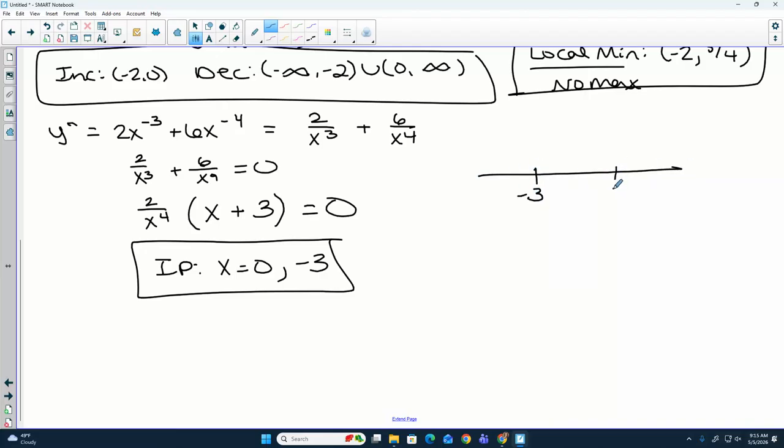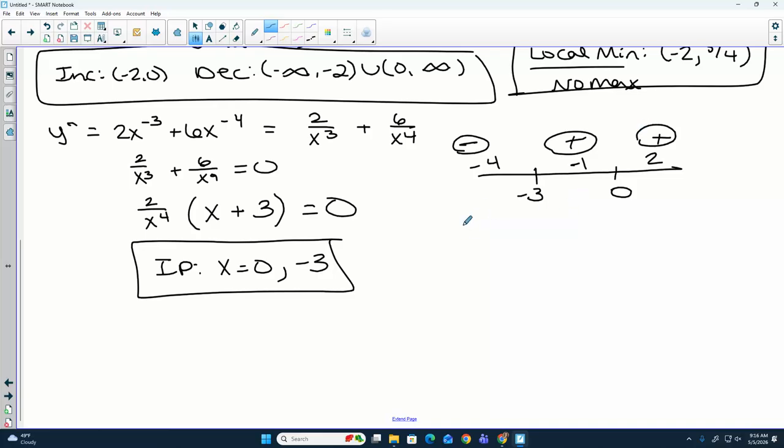So then if we do our sign line, if I put in a negative 4, I get negative 2 over 64, so that should be a negative. I put in a negative 1, negative 2 plus 6 is positive. If I put in 2, I get 1 over 4, and that's also positive.